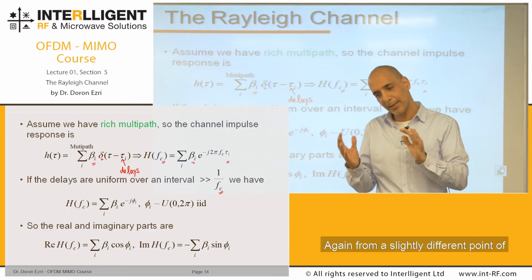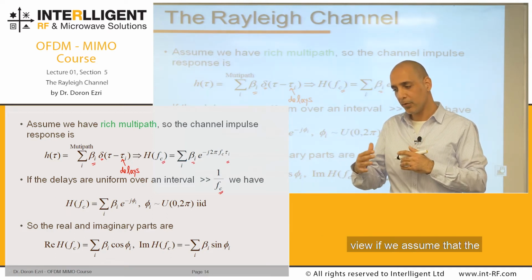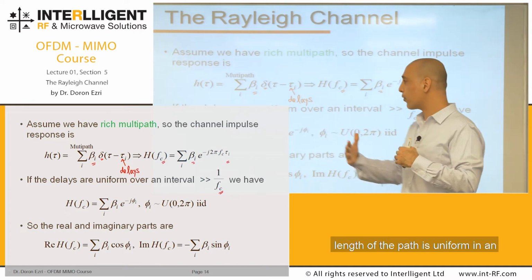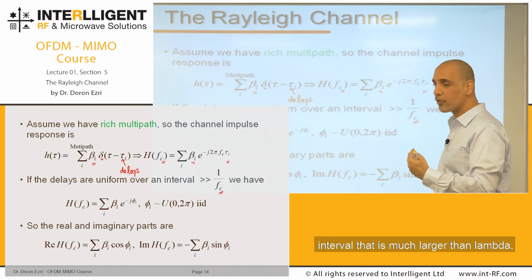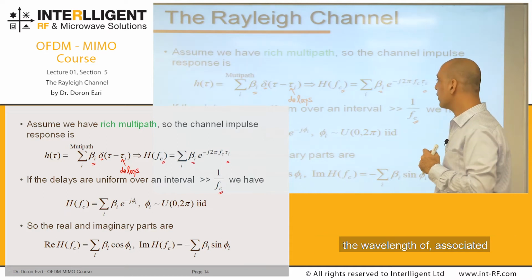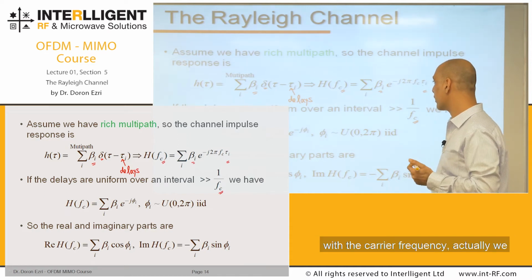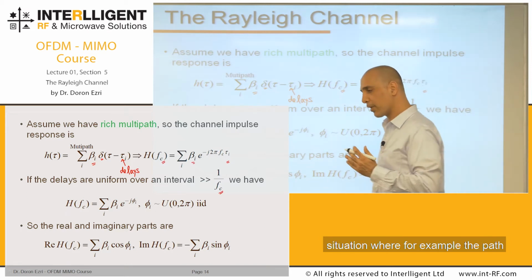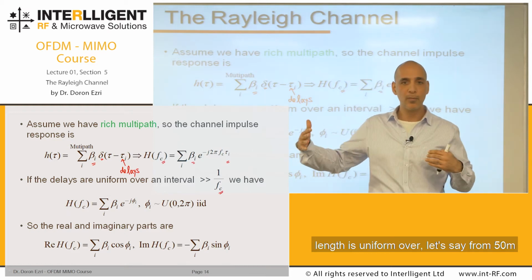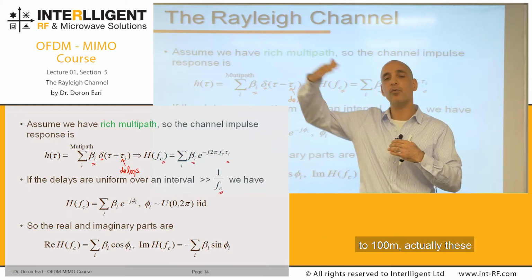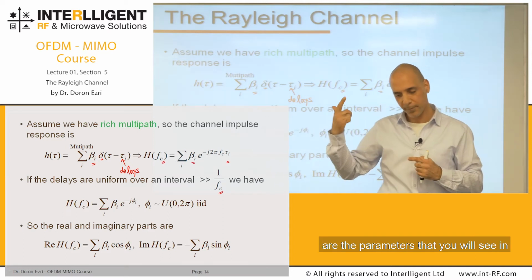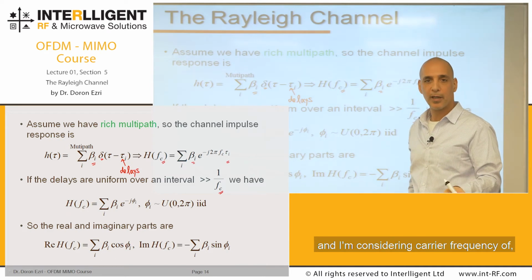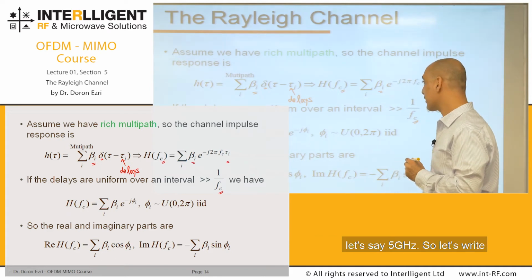Again, from a slightly different point of view, if we assume that the length of the path is uniform in an interval that is much larger than lambda, the wavelength associated with the carrier frequency, we reach the same thing. So consider a situation where, for example, the path length is uniform from 50 meters to 100 meters. Actually, these are the parameters that you will see in the exercise for this lecture. And I'm considering a carrier frequency of, let's say, 5 gigahertz.